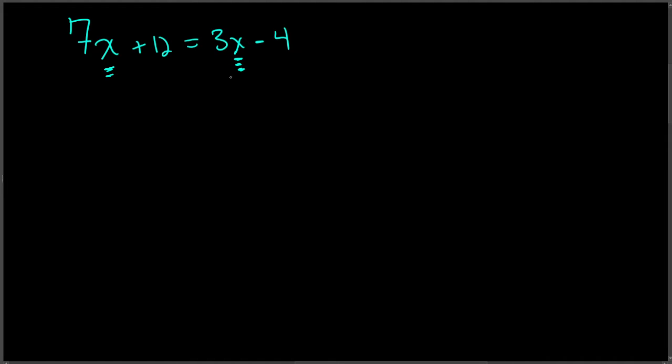And so we want to get the variables on one side and the constants on the other. It doesn't matter if the variable ends up on the left-hand side or the right-hand side. People have a tendency to push the variable to the left-hand side because then when you're done, you'll have the variable equals some number, and we like to read it that way.